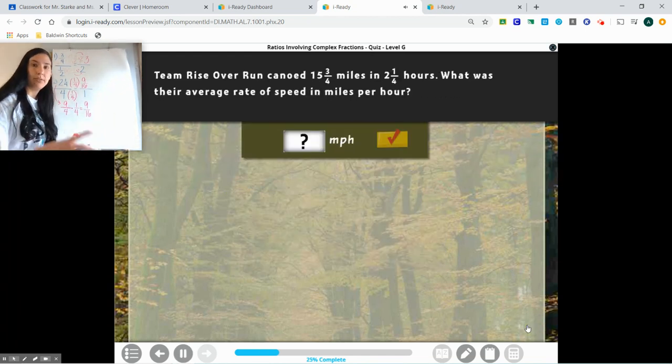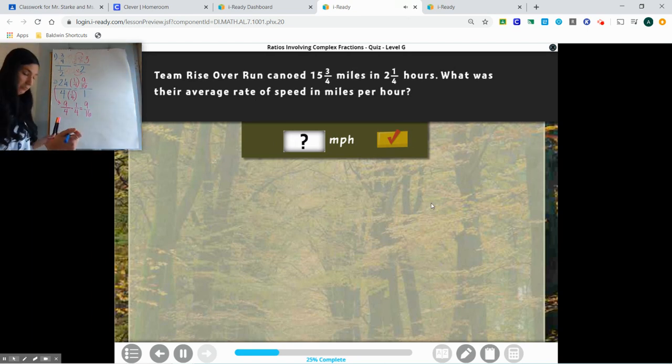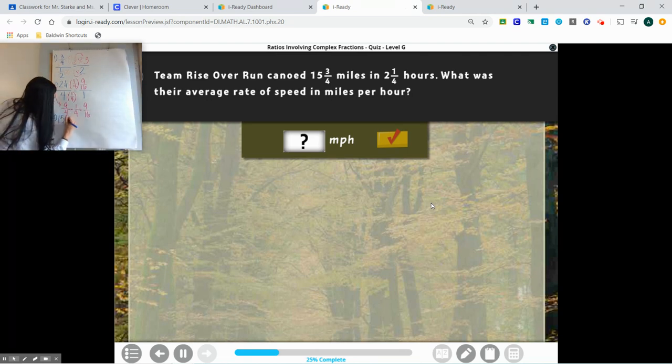Is the pink too hard to see? Team Rise Over Run canoed 15 3/4 miles in 2 1/4 hours. What was their average rate of speed in miles per hour? Okay, let's see if we can get one more down here. All right, so we have 15 3/4 miles over 2 1/4 hours. All right, we're dividing.